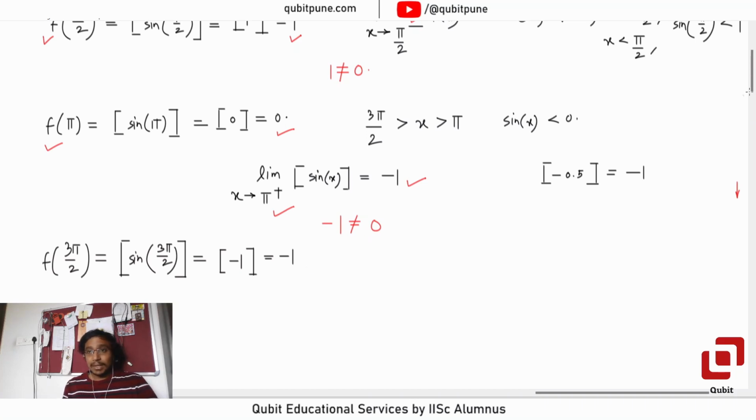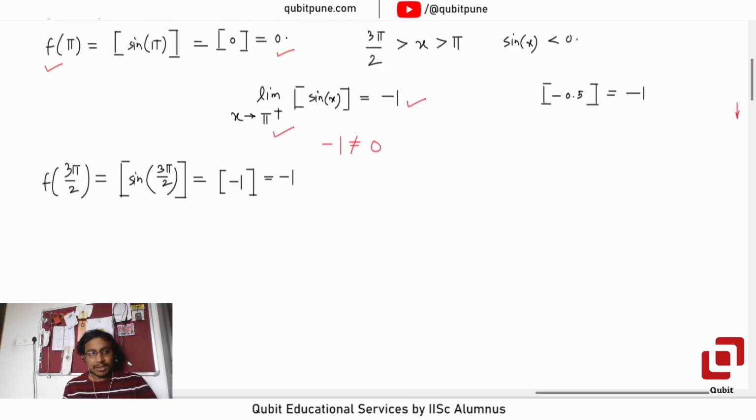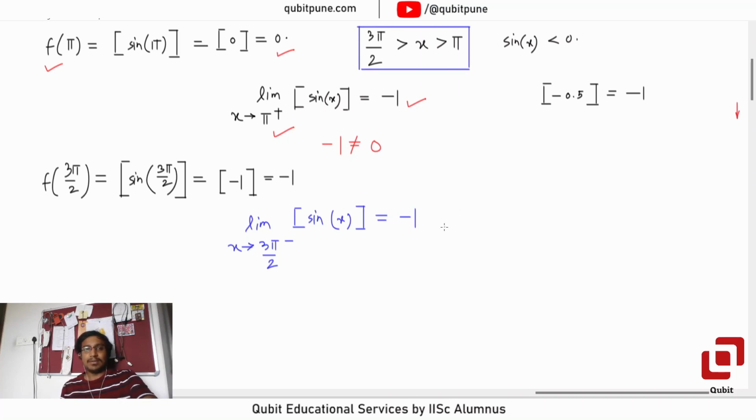Now we are not bothered about the left hand limit because we have already evaluated it. The right hand limit that we evaluated for pi is essentially the same thing, because in between pi and 3 pi by 2, sin is negative. So there is some hope now.